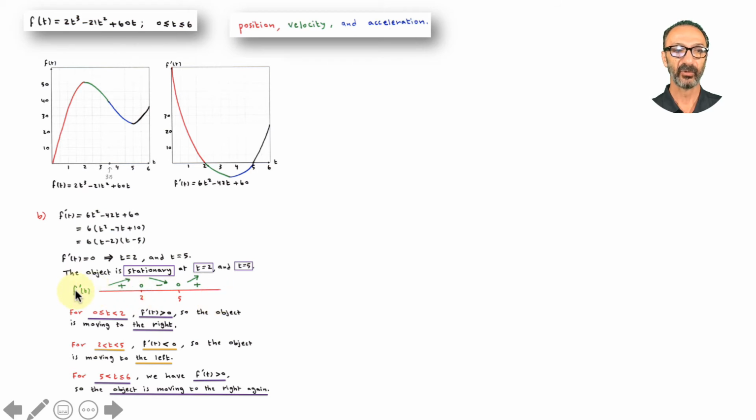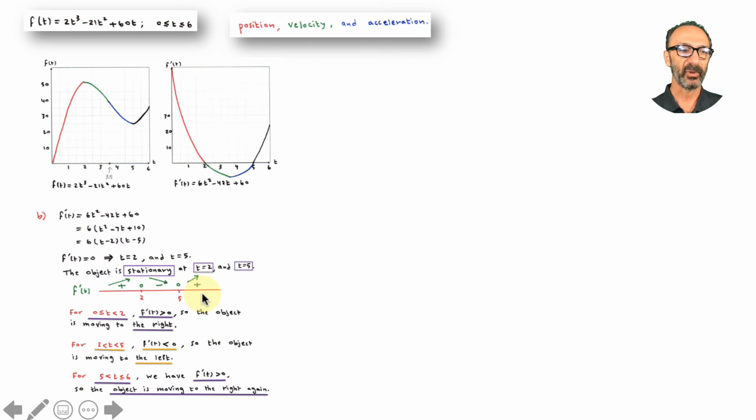This line is for f prime, so f prime at 2 is 0, f prime at 5 is 0. Test it with numbers: positive, negative, positive, increasing, decreasing, increasing. The graph supports it. What makes the markers between increasing and decreasing are the zeros, which are 2 and 5.